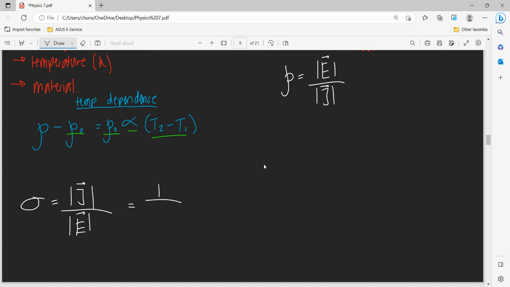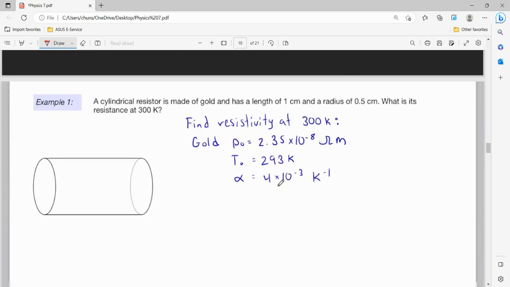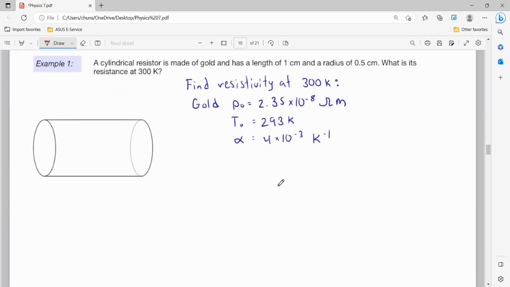So this is equal to 1 over rho. Like the name suggests, conductivity is the capacity for an object to allow electron flow rather than resist, like our resistivity. Okay, so let's use this knowledge in an example.